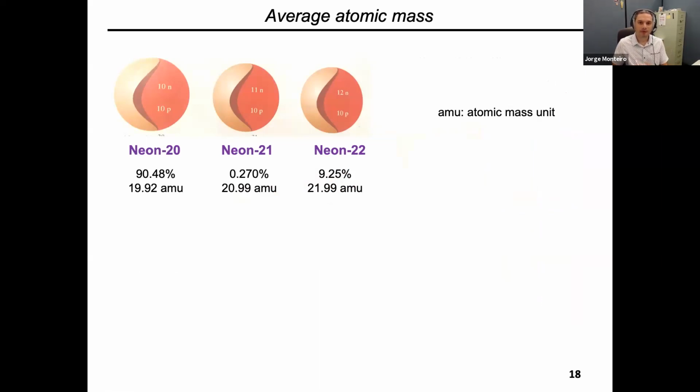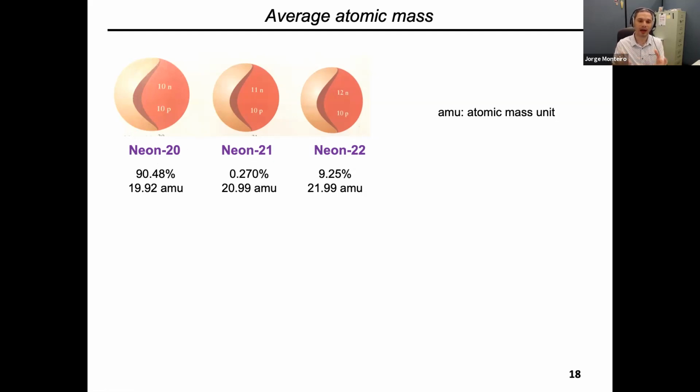In the case of the average atomic mass, we are going to take into account the contribution of each isotope to the total mass. For neon, we have 3 isotopes that can be found in nature, and we have the percentage of each isotope that we will find.